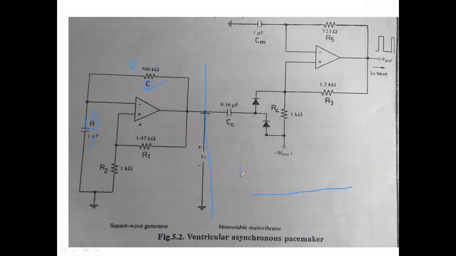The time period T is equal to minus 2RC ln of (1 minus alpha) by (1 plus alpha).